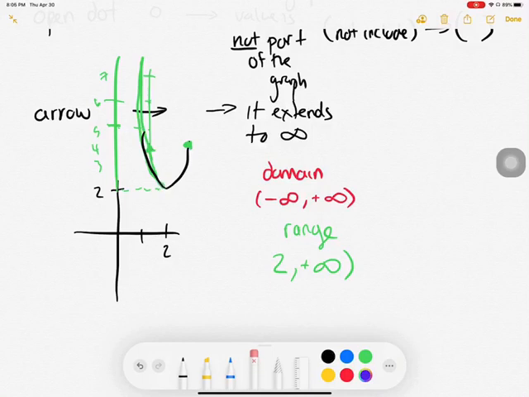But since I don't think it shows an open dot, it just shows the regular line, that means that this is a closed dot. So a closed dot is always going to have a bracket. Okay, and maybe that's why you guys were getting this wrong, because one option said bracket and one option said parentheses. Okay, so you have to be careful. These things mean two completely different things.